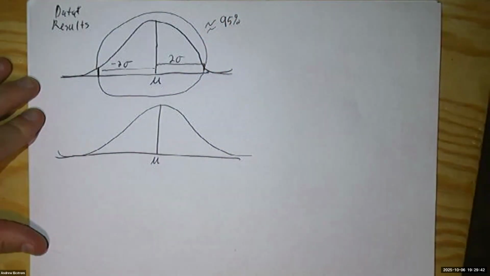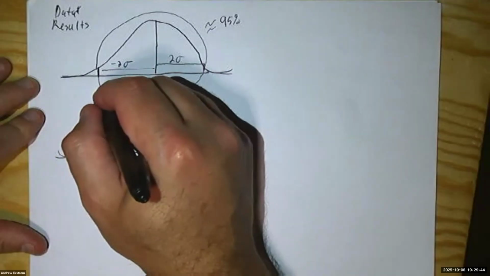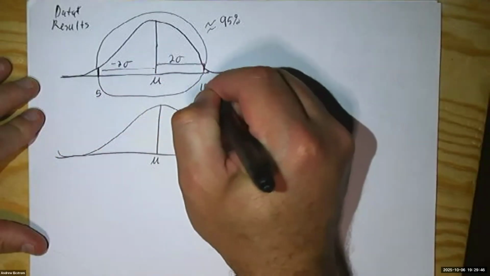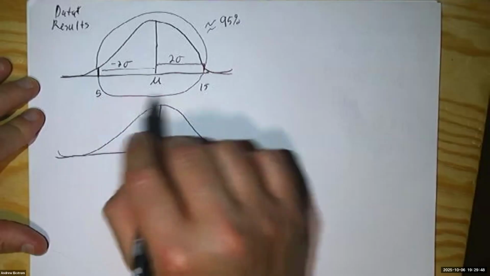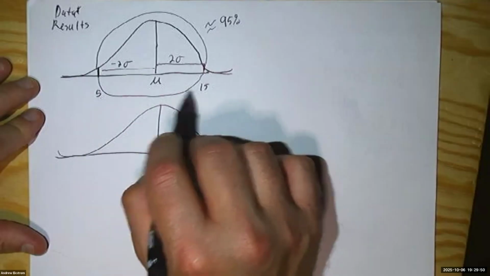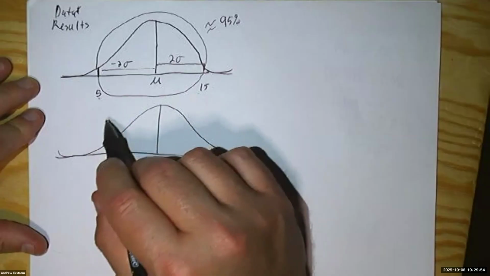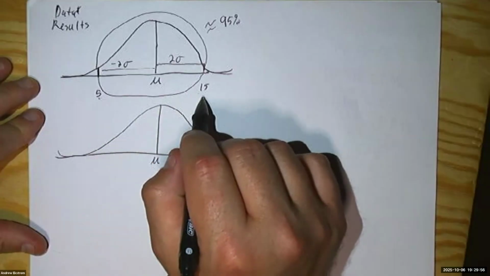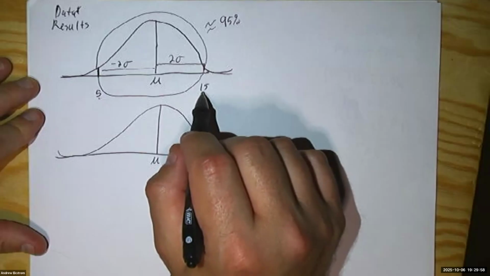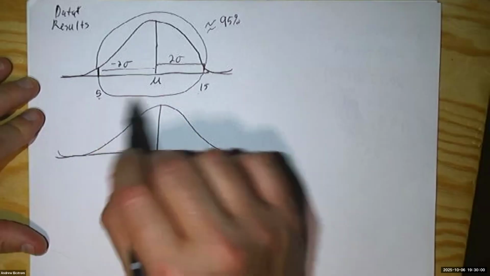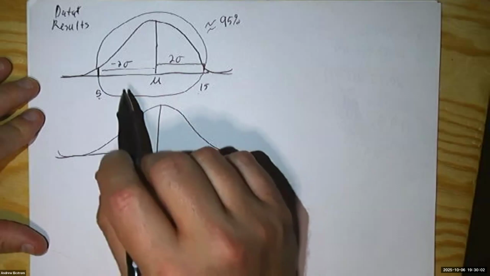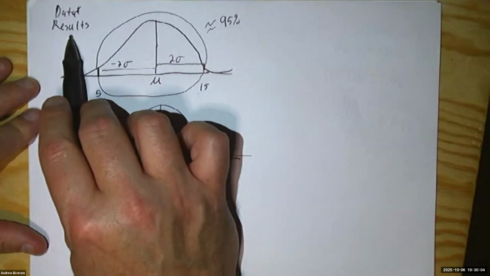it's going to be about 95%. So if we have a range here that goes from, say, 5 to 15, our confidence interval here is 5 to 15. And if someone else goes and does our experiment, as long as the value they find is between this 5 and 15, we can consider that they confirm our results.